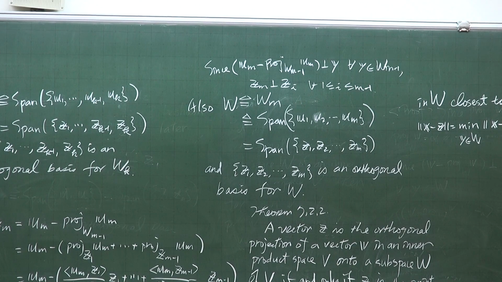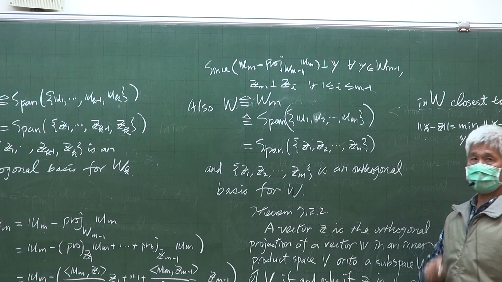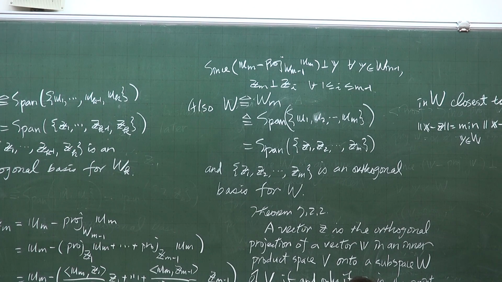Okay? So the minimum property of a point z is the sufficient and necessary condition that z is the orthogonal projection of a vector v onto a subspace W.